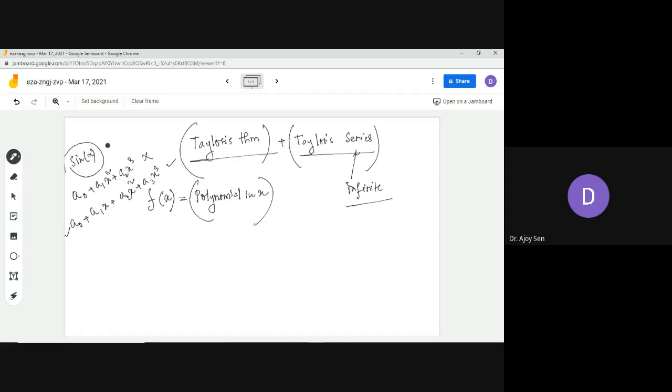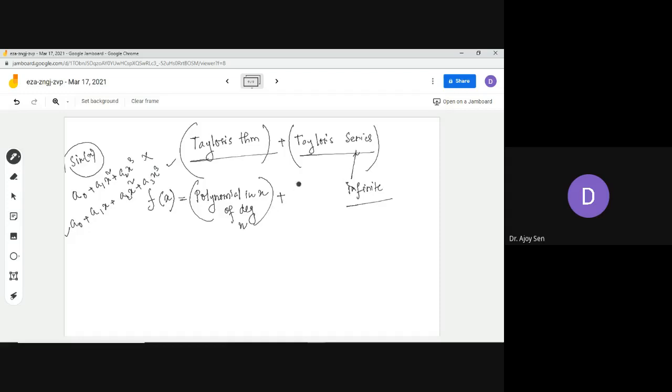Our idea is that we want to express this sine function as a polynomial. Is it possible, or how is it possible? The way is that you have a function which is not a polynomial, and you write it as a polynomial in x of degree n.